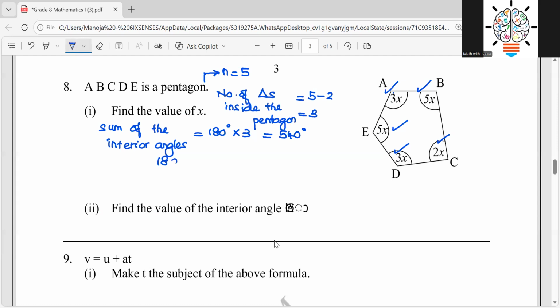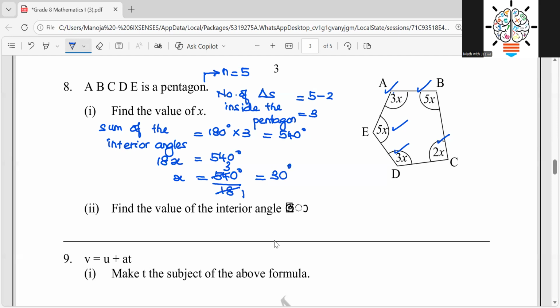This 18x is equal to 540 degrees. Then x is equal to 540 divided by 18. Now you can see, children, every time I write the degree value with the degree sign. 18 times 1, 18 times 3. So the x value is equal to 30 degrees.